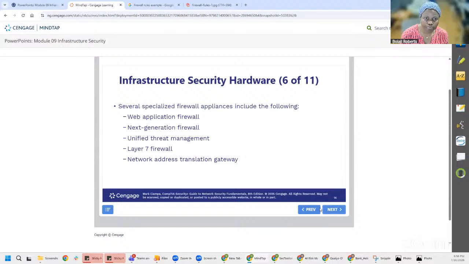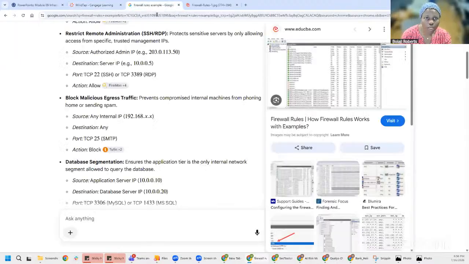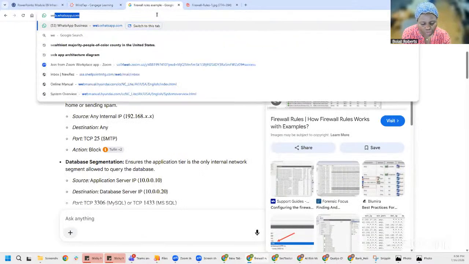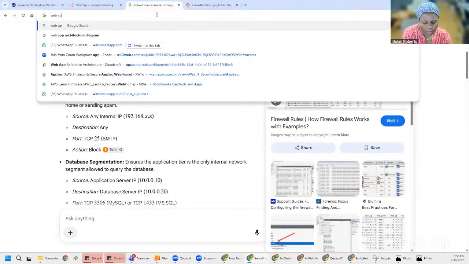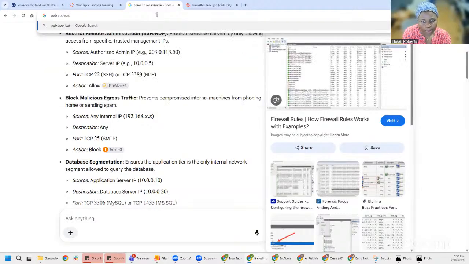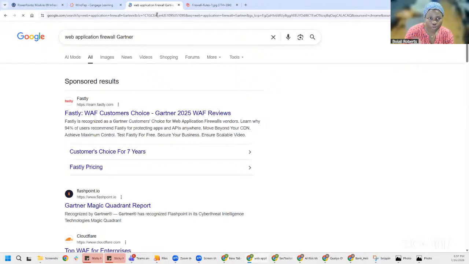Okay. So there are also several specialized firewall appliances. Like I mentioned earlier, you have web application firewall. In order to know any tool, I think you just Google web application firewall and look at their Gartner report for any solution.